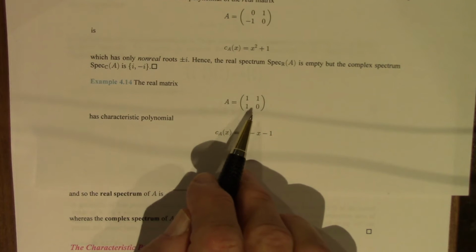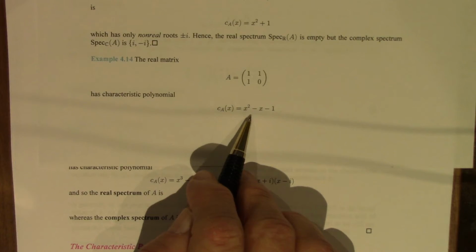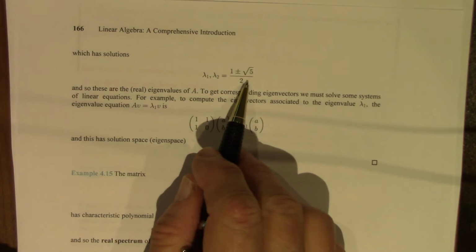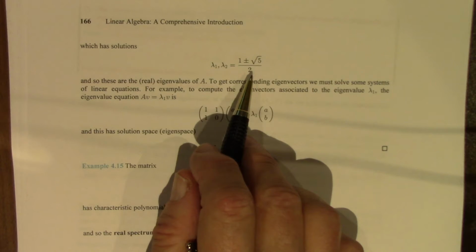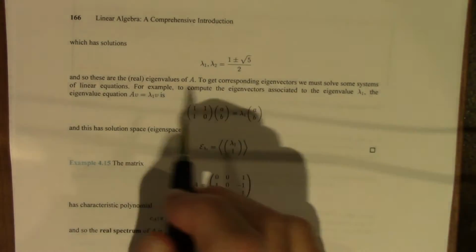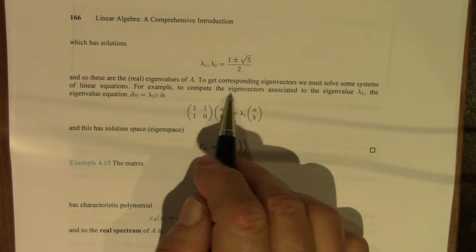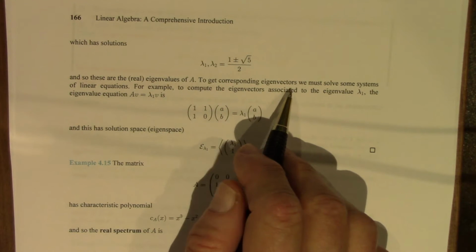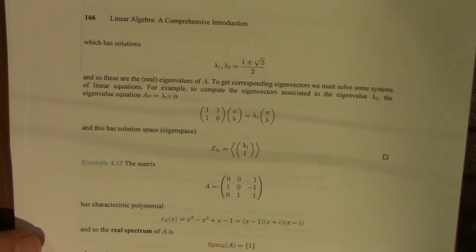Another example, this real matrix has this characteristic polynomial, and these are its solutions. These are real eigenvalues. So as a real matrix, these are its eigenvalues. To get the corresponding eigenvectors, we have to solve a system or some systems of linear equations.